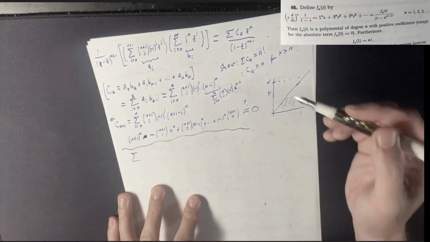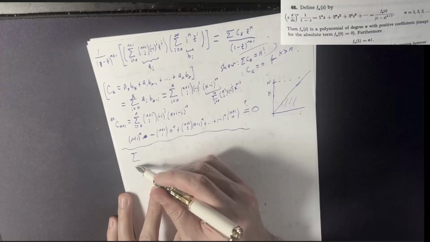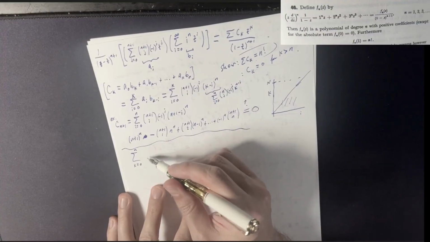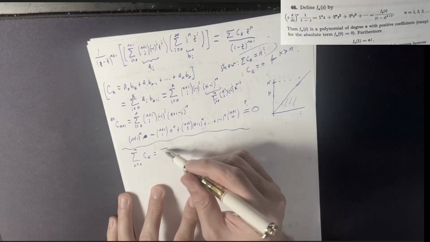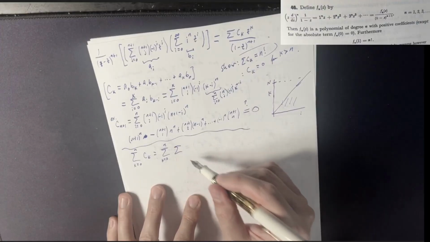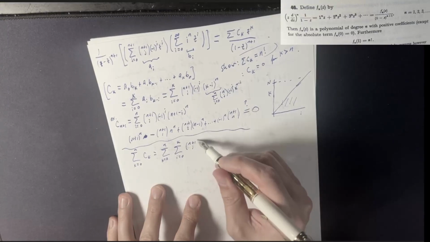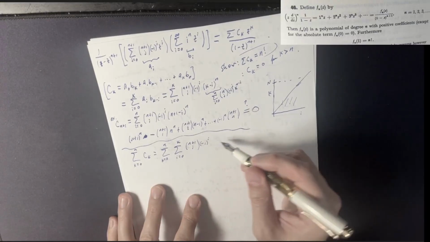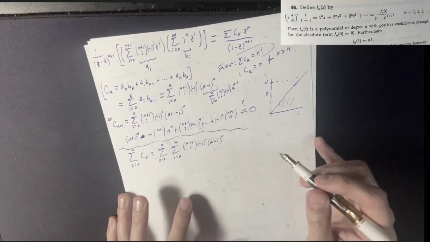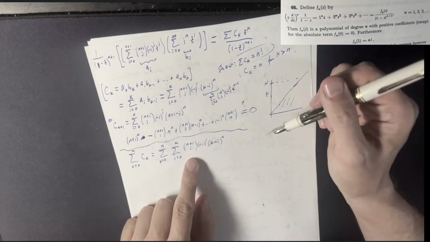So yeah, I'm giving up. I was going to look at this one now. Let the k's go from 0 to n of our c_k formula, you know? I don't see anything nice about it, as usual.